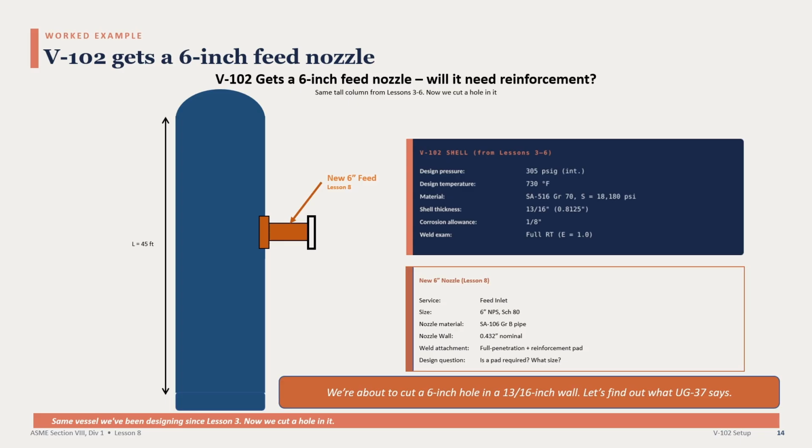The question is, is a pad required? And if so, how big? We are about to cut a 6-inch hole in a 13/16 inch wall. Let's find out what UG-37 says.